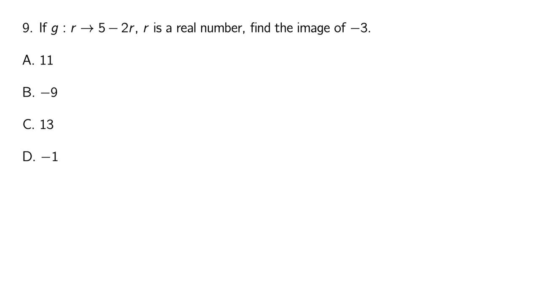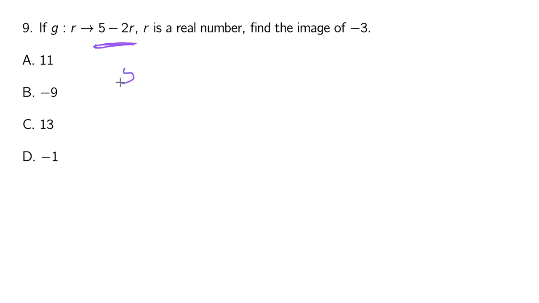All right, so let's go to number 9. It says if G is such that r goes to 5 minus 2r, where r is a real number, find the image of minus 3. Here we just proceed by substitution. The image of minus 3 is what we are going to get when we put minus 3 into this expression.